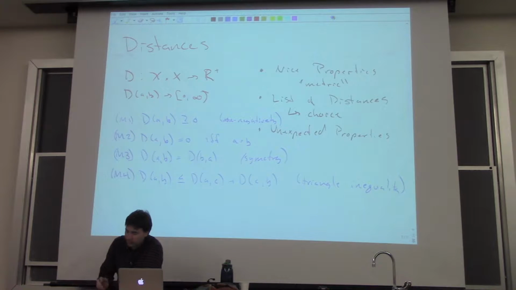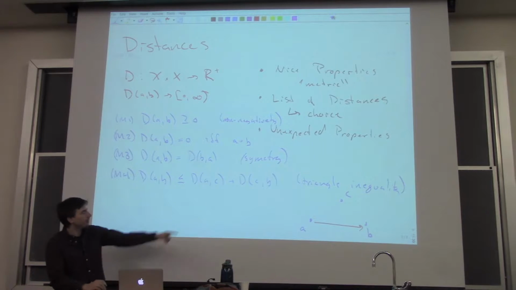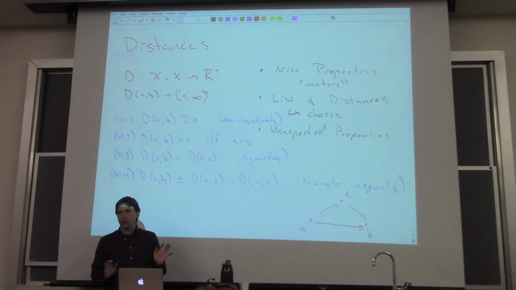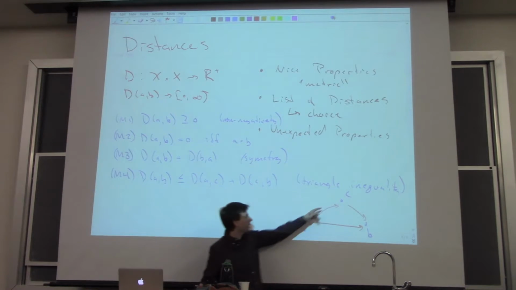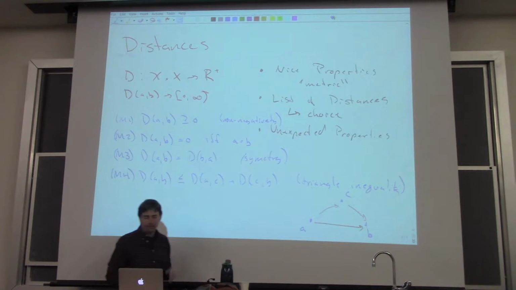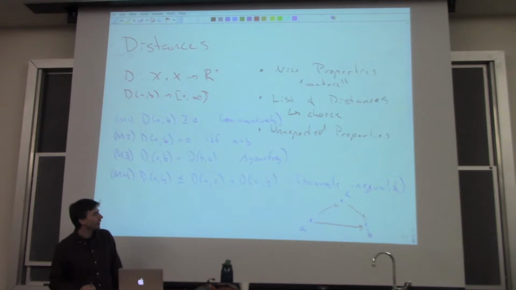It basically says that if I have three points, A, B, and C, then a straight line from A to B should be no slower than if I took a detour up to C and then down to B. This seems like a reasonable property for distance to have.